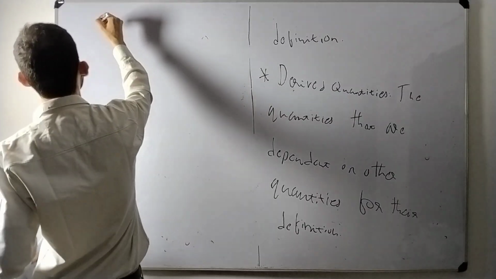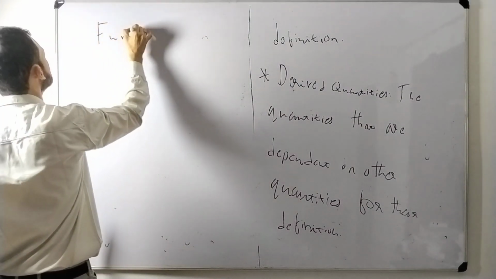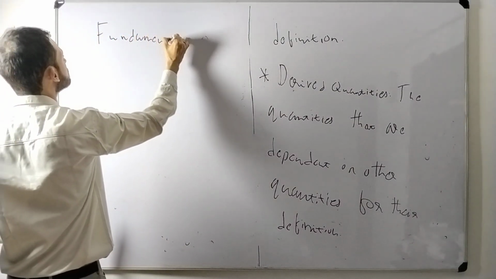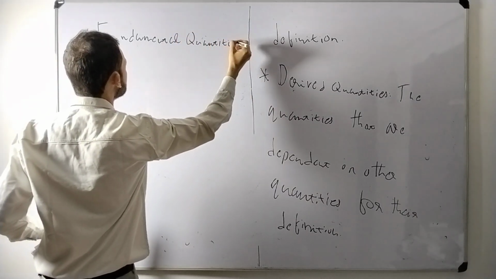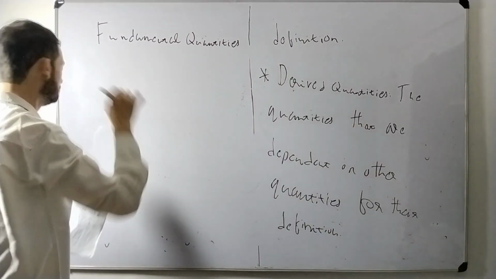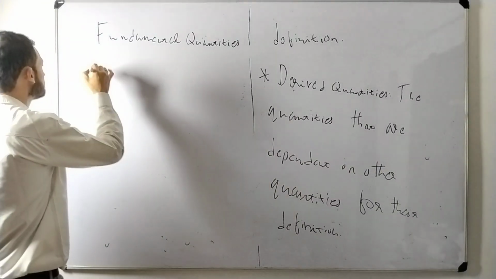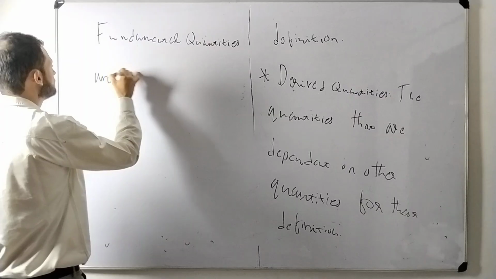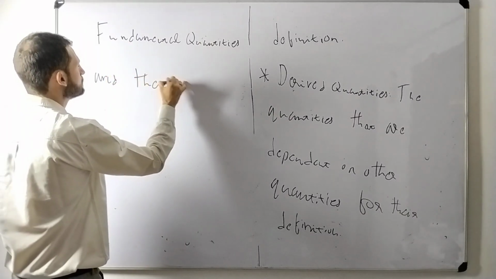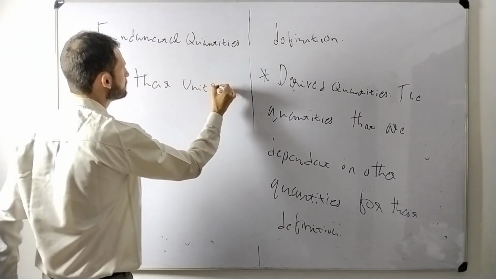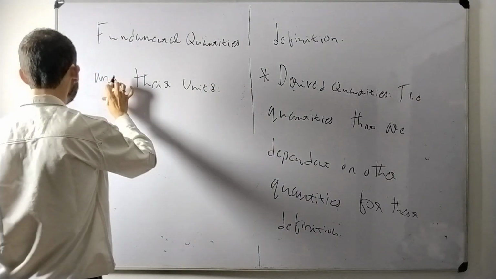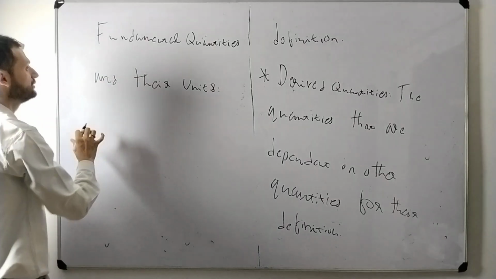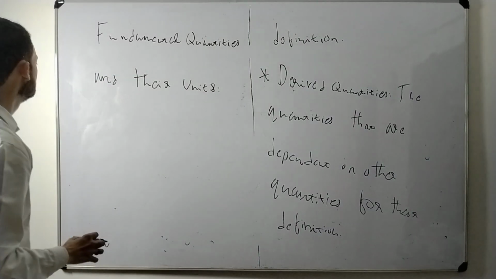Fundamental quantities and their units. So basically there are 7 fundamental physical quantities. What are they?